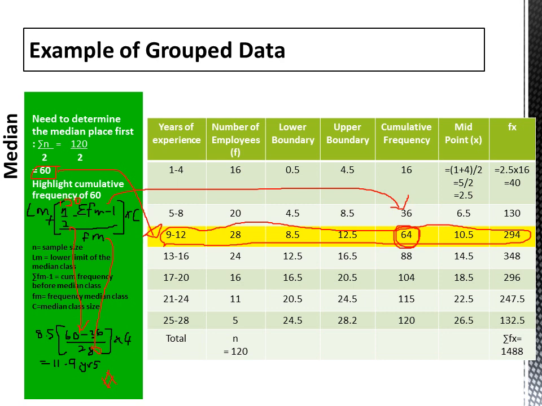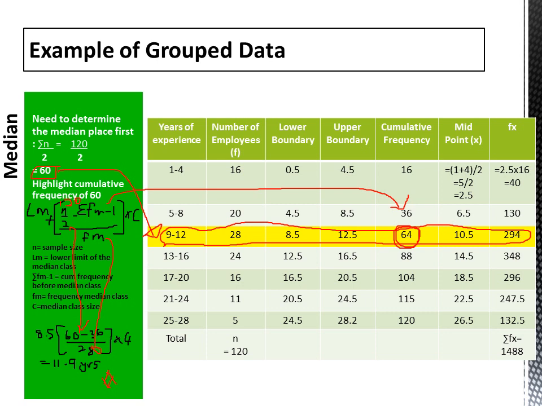Then we look at the median for grouped data. In order to calculate the median, first you need to determine the median place. The formula is the sum of n divided by 2. n, as mentioned before, is the total of the frequencies, which is 120. Divided by 2, you get 60.